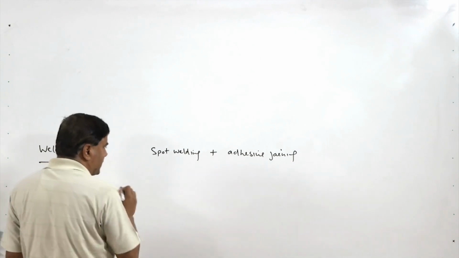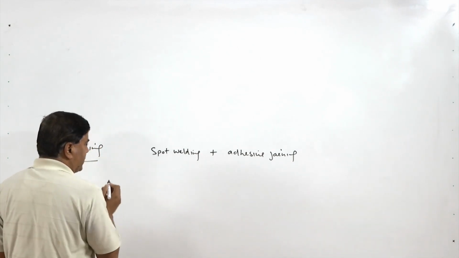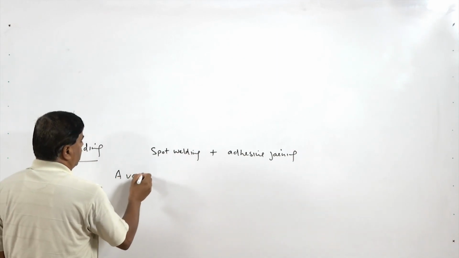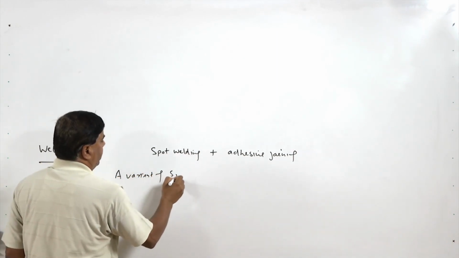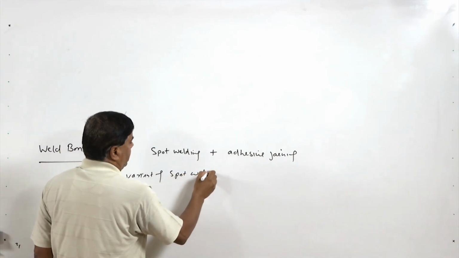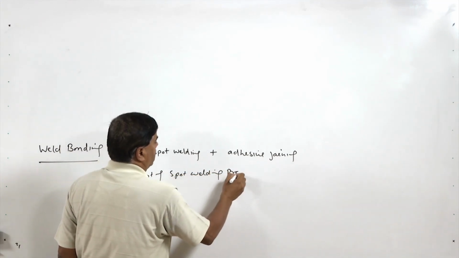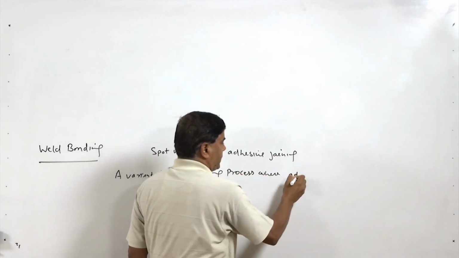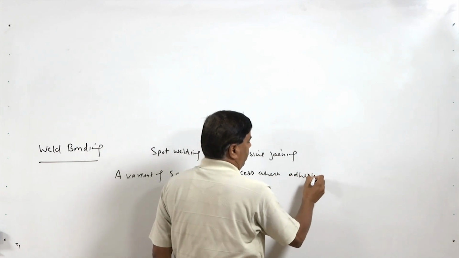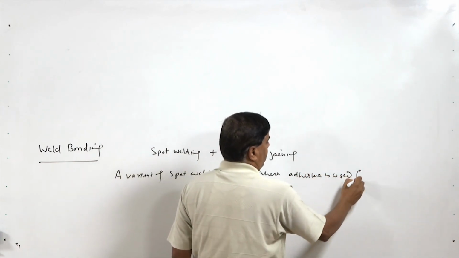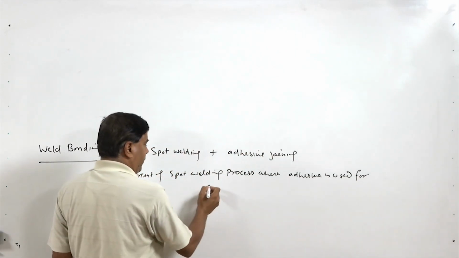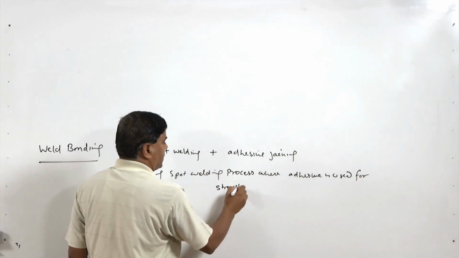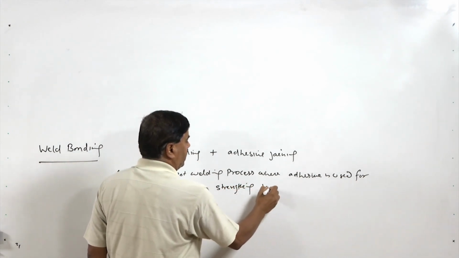This process is also termed a variant of the spot welding process, where adhesive is used for strengthening the joint.